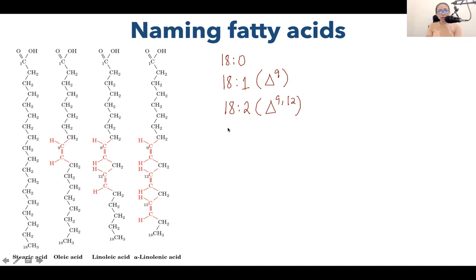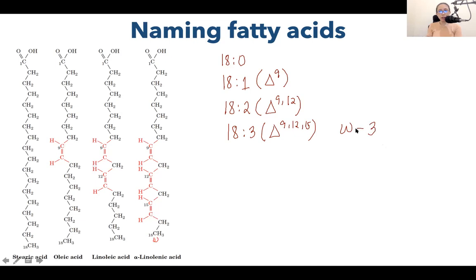And si alpha-linolenic acid, 18:3, delta 9, 12, 15. Si alpha-linolenic acid is an example of an omega-3 fatty acid, right? So this is your omega carbon. Yung pinakaunang double bond from the omega is at position 3.